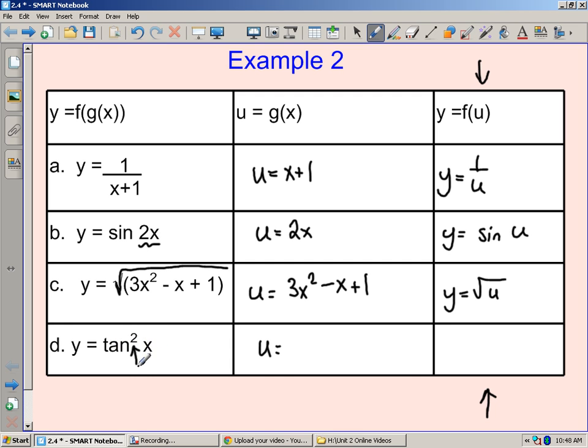So that's where this is going to come about, so that my u is going to be tangent of x, and then my new function will be u squared. And so we can do power rules on most of these guys and take the derivative of them, and then we'll follow the rest of the chain rule. So when we're doing a chain rule, we're looking for inner functions and outer functions, and so this is just practice on writing them that way.